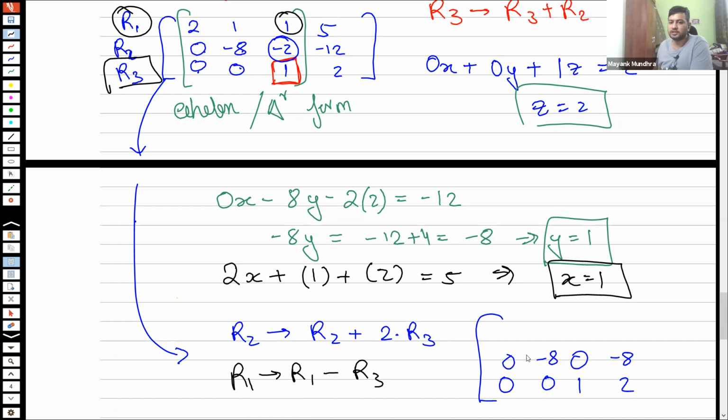So not R3 minus R1, but R1 minus R3. So 1 minus 1 is 0, 1 minus 0 is 1, 2 minus 0 is 2, and 5 minus 2 is 3.